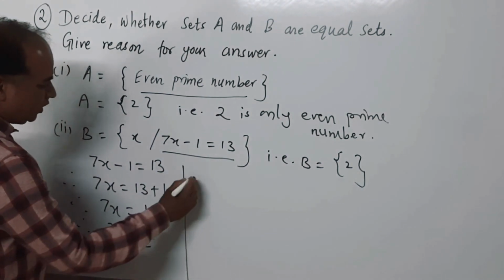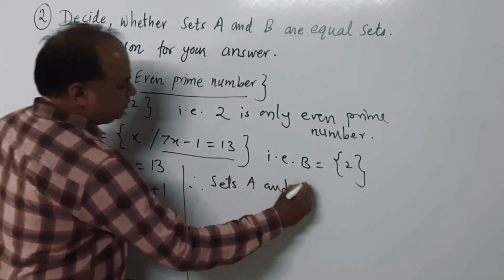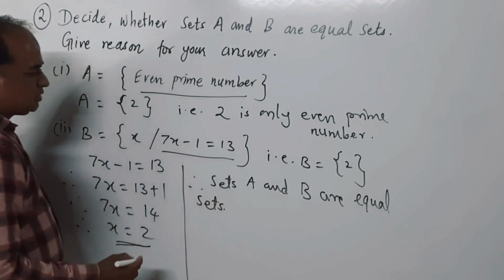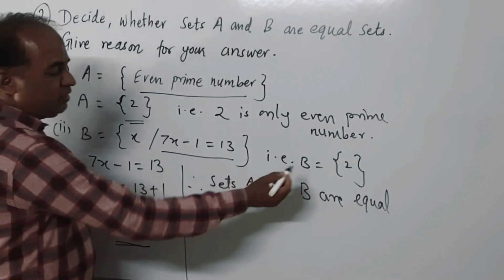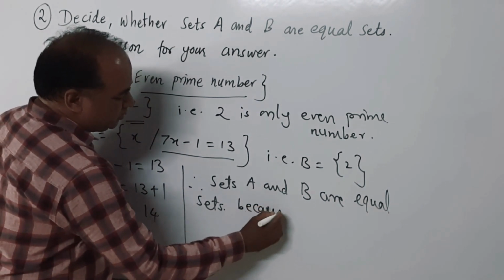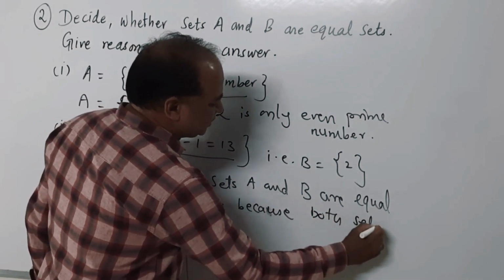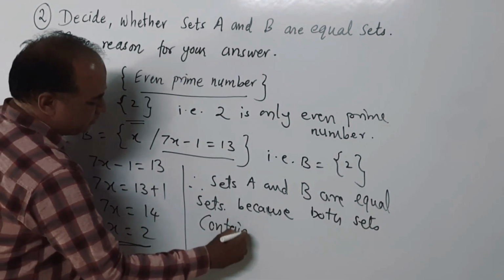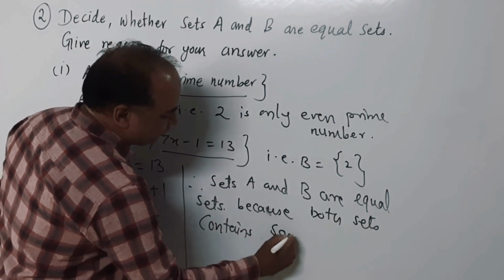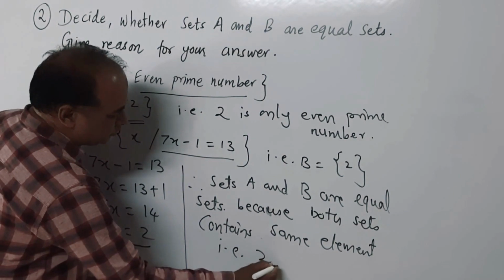Therefore, sets A and B are equal sets, since both sets contain only one element, 2, and both elements are the same, because both sets contain an equal number of elements and contain the same element in it, that is 2.